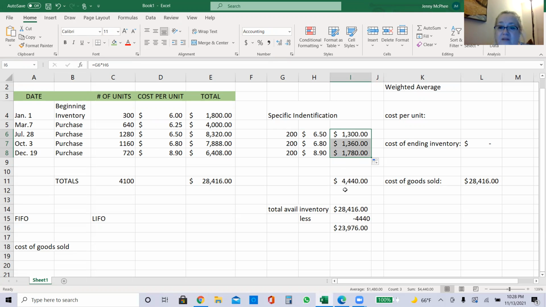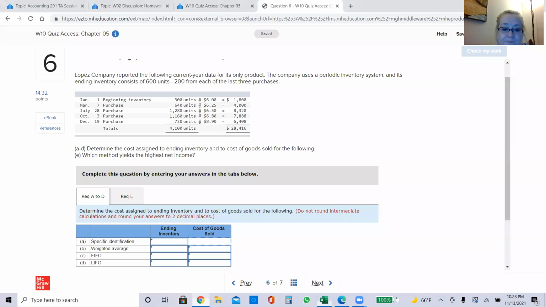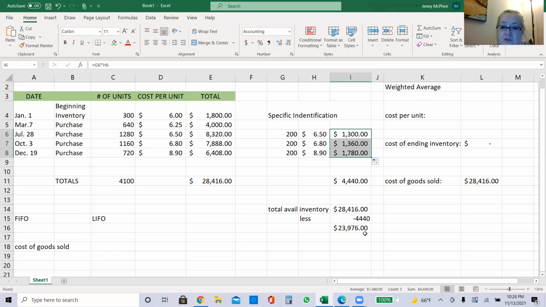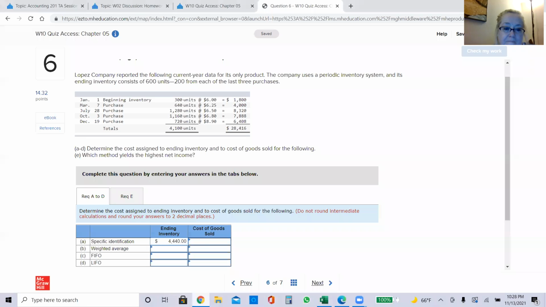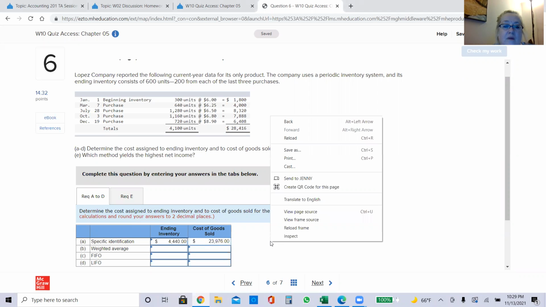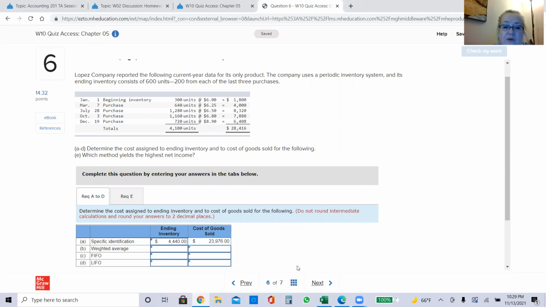We have 4,440 as our ending inventory, and then our cost of goods sold is 23,976. Okay, perfect. Now we can go on to our weighted average.